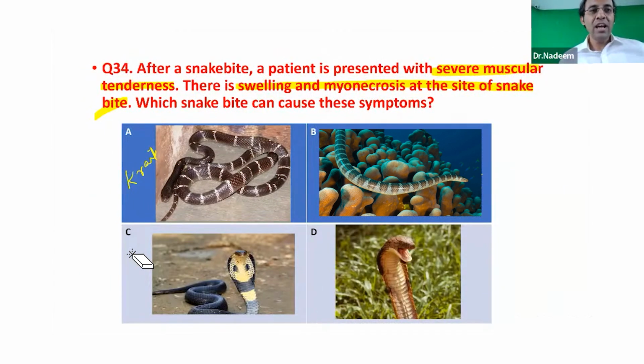Now you understand as per the clinical situation. Tell me whether the snake was neurotoxic, myotoxic, or hemotoxic.